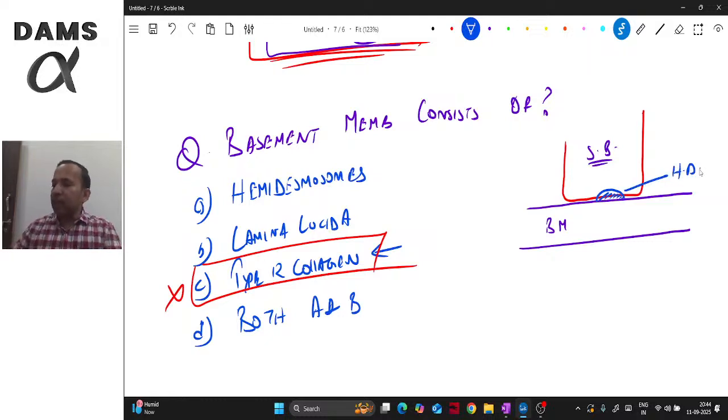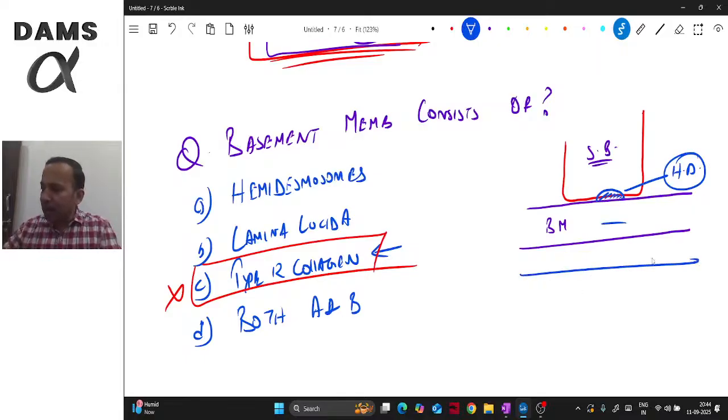So basement membrane includes the hemidesmosome, the basal lamina, and the cell-free zone of the connective tissue. All these 3 form part of the basement membrane. Is it clear?